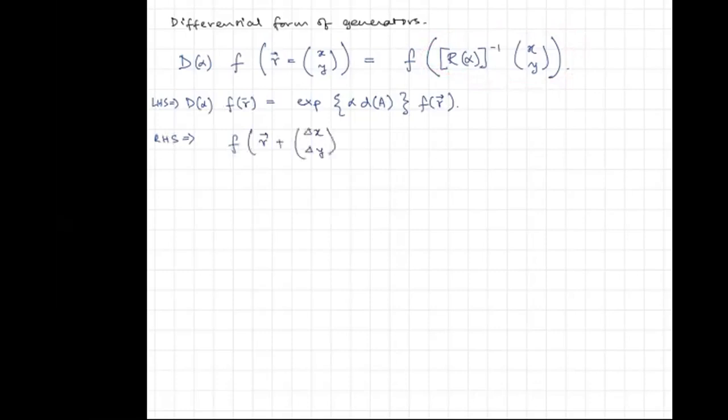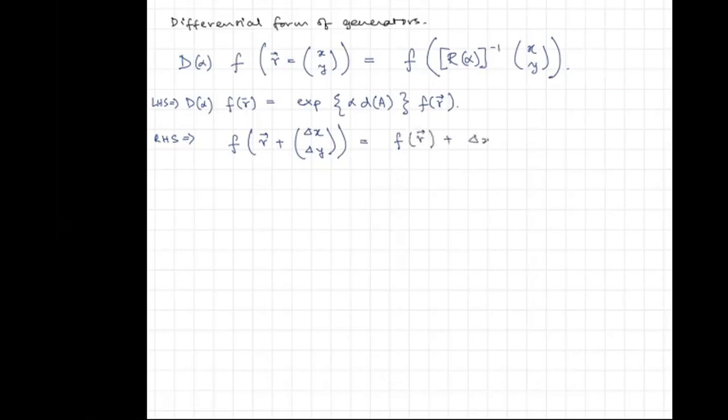Let's say this is delta x and delta y. So how do you expand this? You can just do it component by component as well, but this is straightforward.